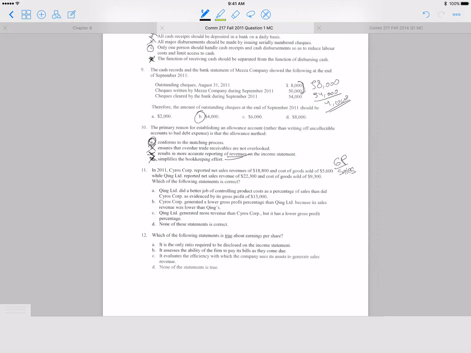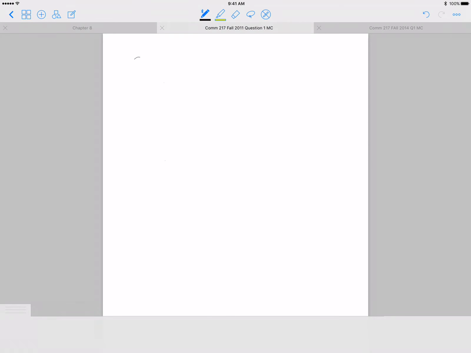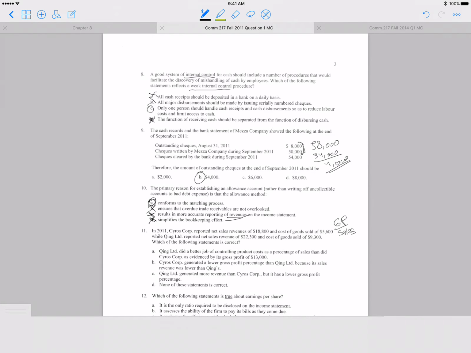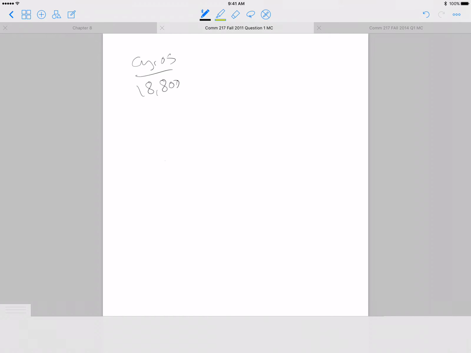So Cyrus has $18,800 in sales. Let's see what the cost of goods sold is. So $5,600. And then King Limited reported net sales of $22,300 and cost of goods sold of $9,300. And $22,300 minus $9,300. So this is King. Let me just make sure I get that right.